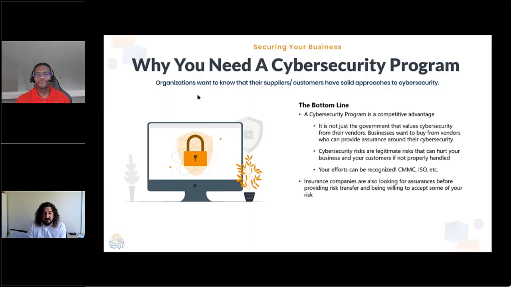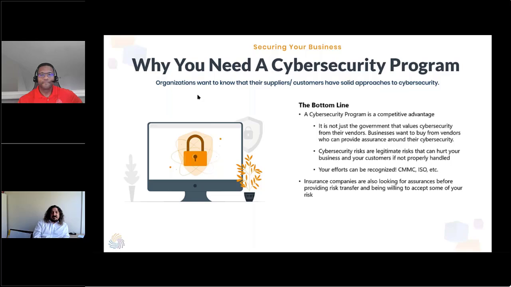And in many cases, those questionnaires that come from commercial organizations are now starting with, if you are SOC 2 compliant, if you are ISO 27001 compliant, if you have some third-party certification, you don't have to answer the rest of this questionnaire, just provide us the information on your compliance. So basically what they're saying is, if you have an assurance program in place already, we don't need you to answer our very long questionnaire about the security practices you have in place. Also, those security questionnaires look an awful lot like NIST 800-171.